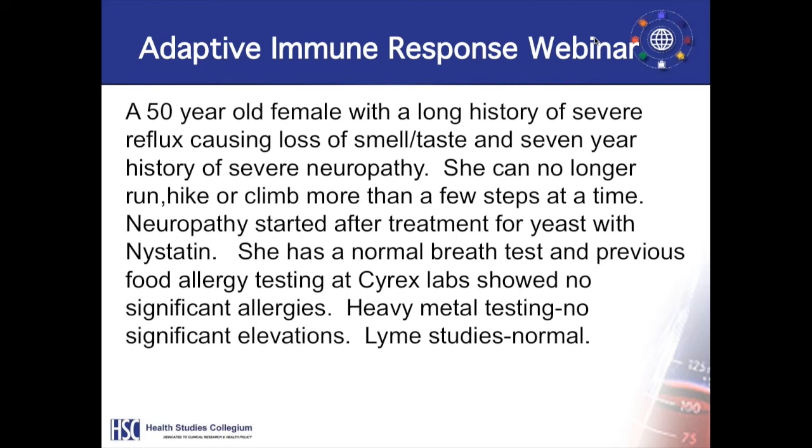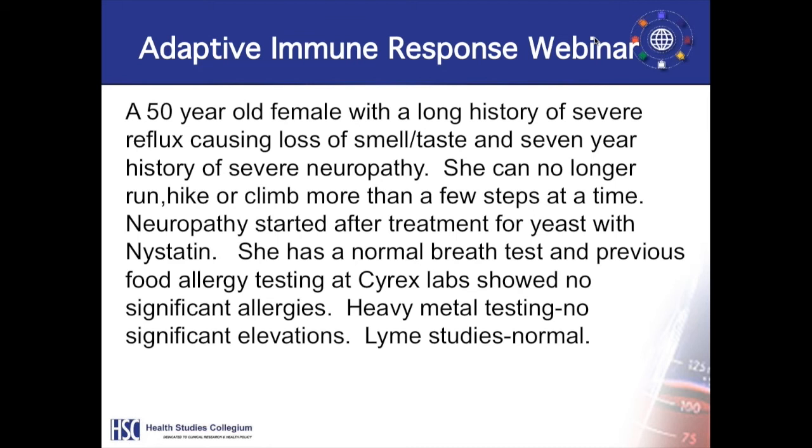The normal breath test means she doesn't have overgrowth of bacteria in the small intestine. And the food allergy test at Cyrex means that she doesn't have antibodies. That's okay. But we don't know about T cells, and we haven't done a functional immunology procedure. We did a serology antibody static test.